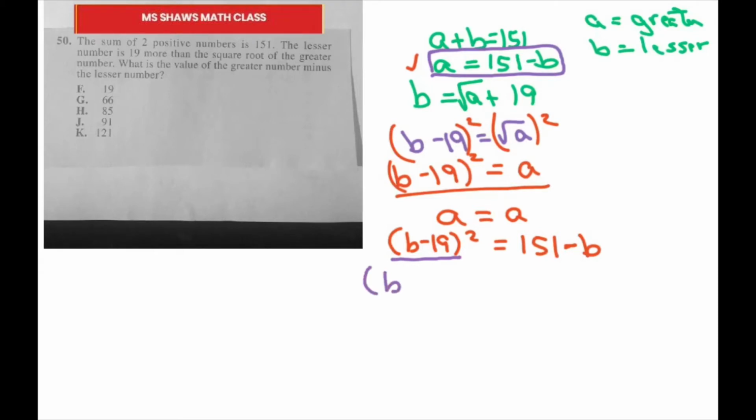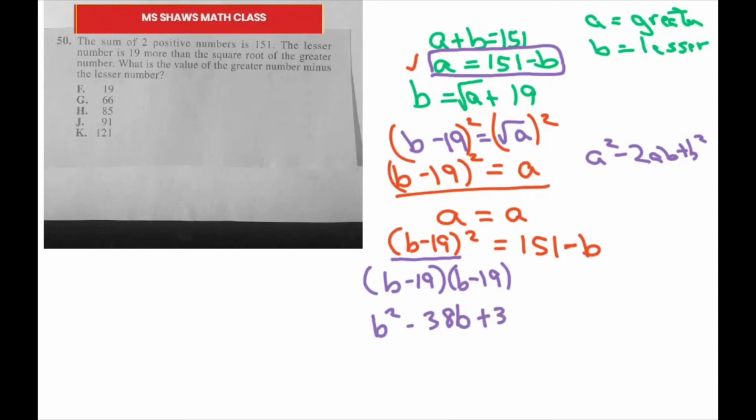This is B minus 19 times B minus 19. Or you can use the A squared minus 2AB plus B squared. And when you do that, you're going to get B squared minus 38B plus 361. And that equals 151 minus B.